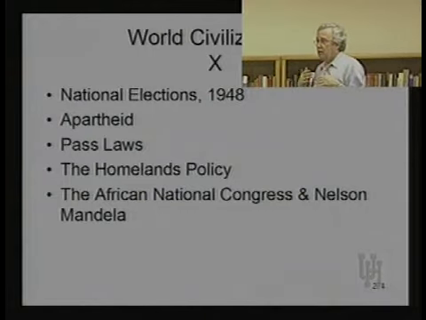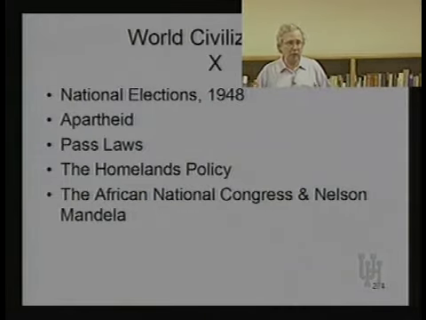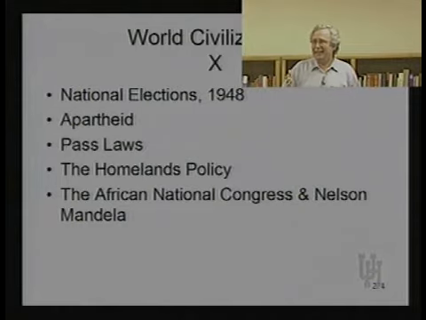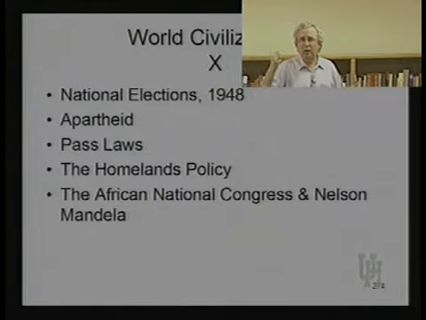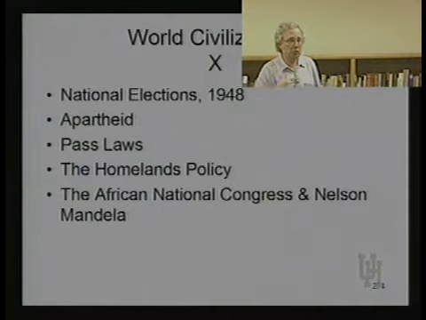Among the things that were now implemented was a pass law, which meant that an African could not move in South Africa, and by that I mean not move permanently, but simply move from one place to another, without a pass justifying why he or she was doing this.